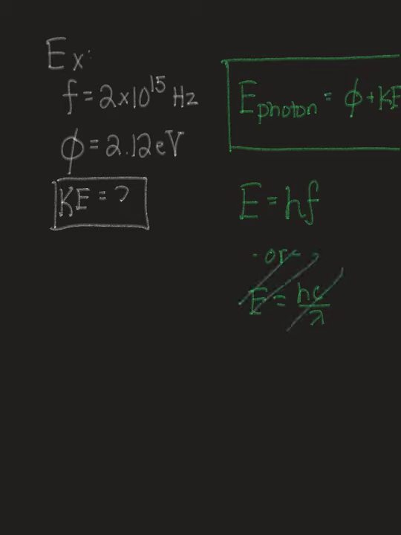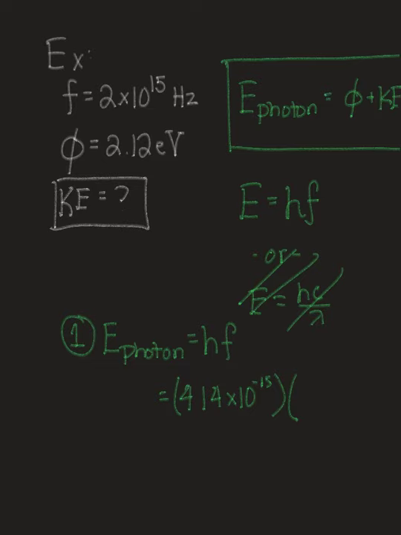So step 1 to solve this problem. Calculating the photon energy is going to be equal to Planck's constant times the frequency. Planck's constant is 4.14 times 10 to the negative 15th electron volts times seconds.